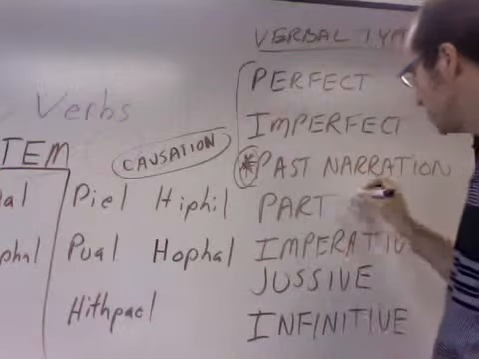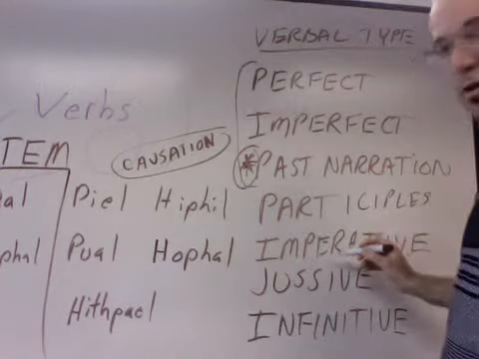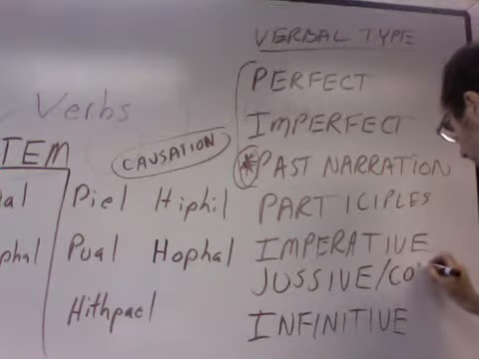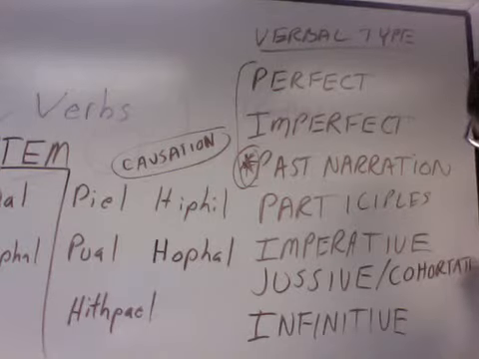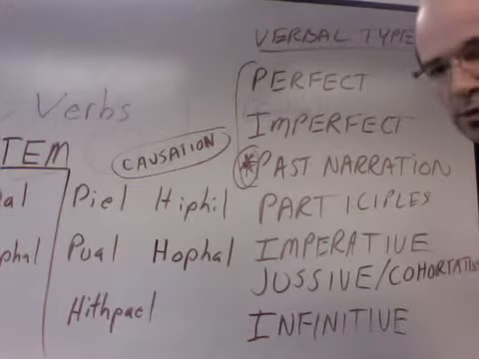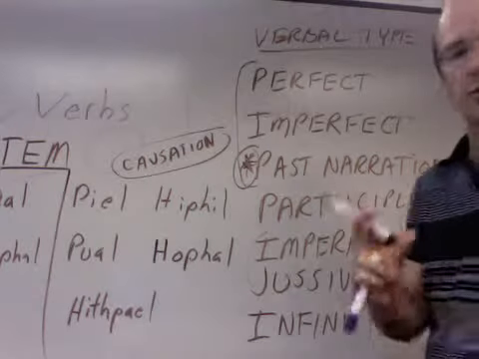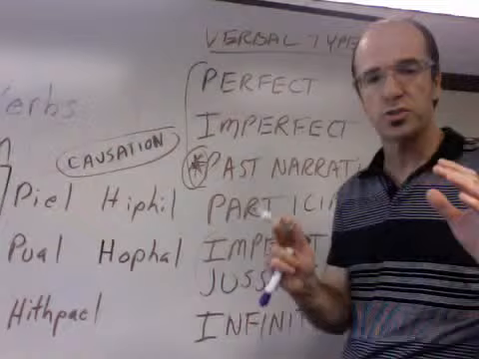There are also participles in Hebrew, imperatives, jussives, and I should have also put cohortative. Cohortative is off the screen there. All three of these, imperative, jussive, and cohortative, are different types of commands that we see in the Hebrew Bible. So you'll see all of those.